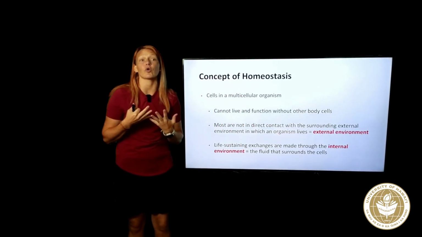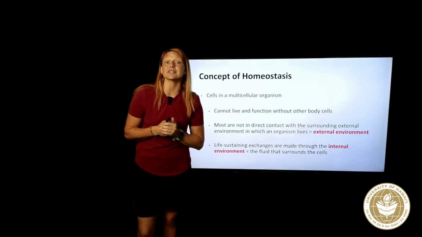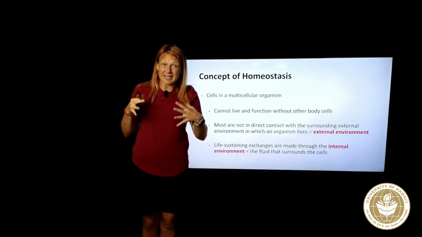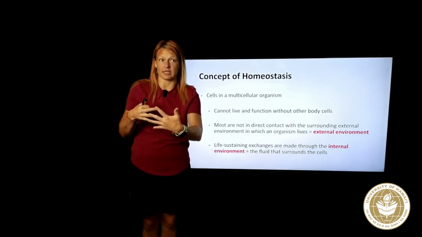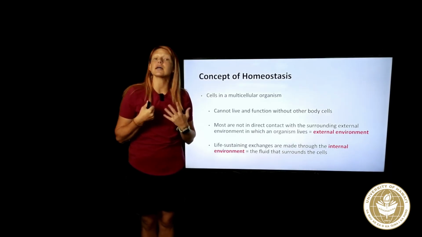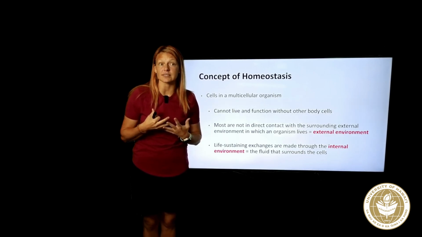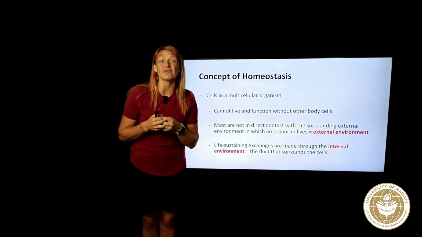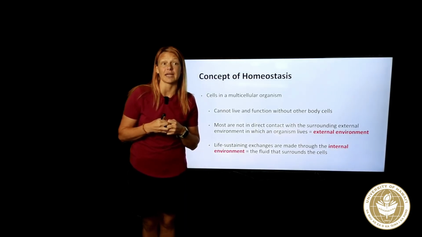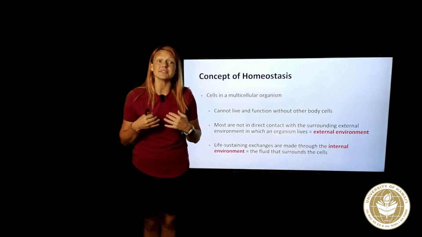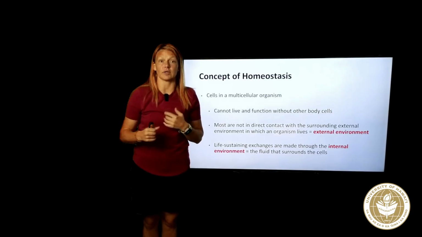So a single-celled organism, such as an amoeba, is going to obtain nutrients and oxygen directly from its immediate external surroundings, and then it eliminates waste back into these surroundings. A muscle cell or any other cell in a multicellular organism has the same need for life-supporting nutrient and oxygen uptake and waste elimination, but that muscle cell is isolated from the external environment surrounding the body.